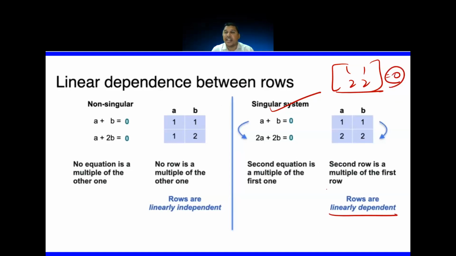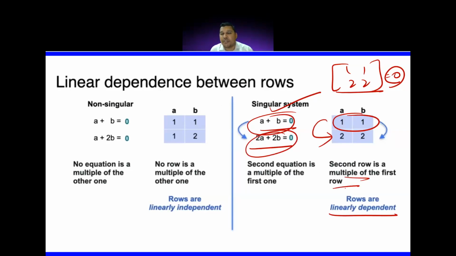Then they are linearly dependent elements. This system of linear equations is dependent on each other. You can see here, the second row is a multiple of the first. If I multiply the first equation by 2, I get the second equation. So the second row is a multiple of the first row, and the rows are linearly dependent on each other. This is not formed independently. It is formed from the first row.